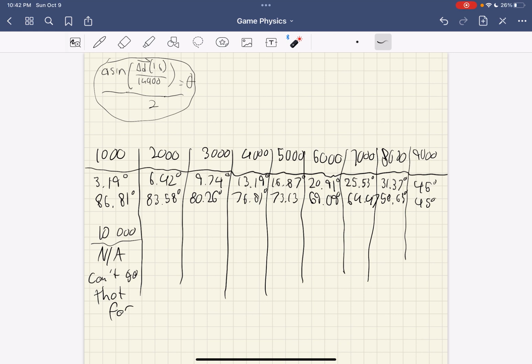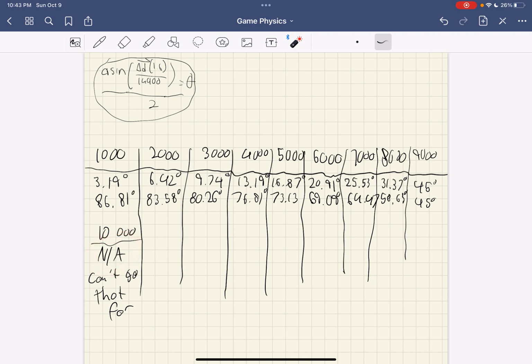And for this, you're supposed to go up to 10,000 on the graph. Seeing that 9,000 has 45 degrees for both of them, that means it's the maximum distance it can travel. So it will not be able to travel to 10,000, as it's set to not applicable.